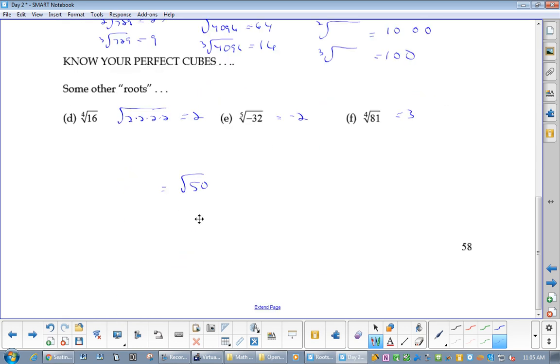But what two numbers multiply to 50, one of them being a perfect square? 25, right? So this is the same thing. That's a times sign, okay? You see, these two are identical. So we get in the habit of putting this into its factors, one being a perfect square.